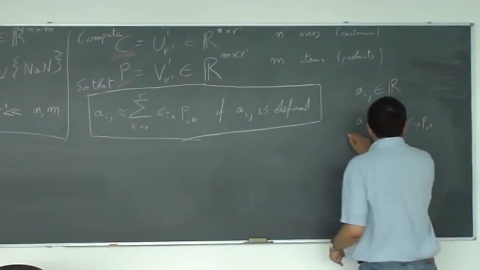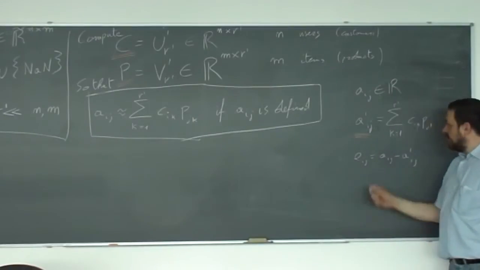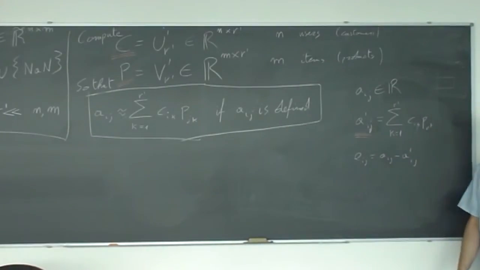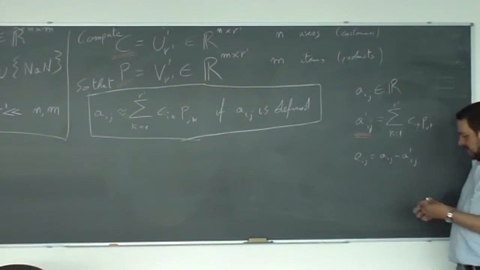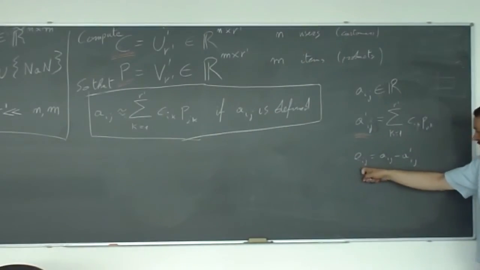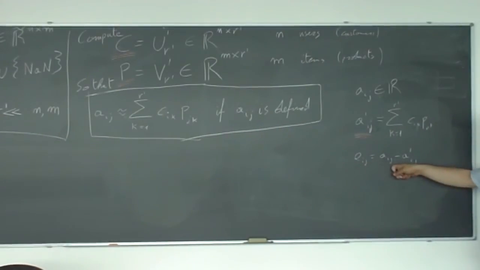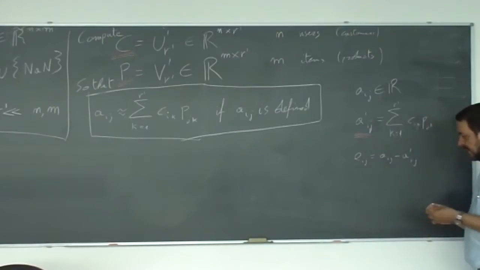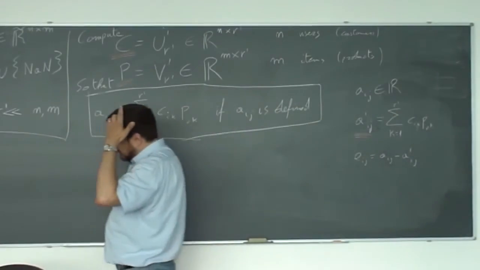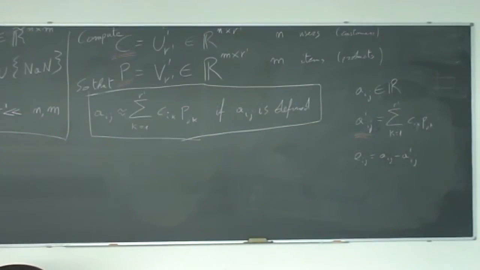And here we build a model of the user preference for an item. And this is the error that we make by estimating the actual value of the preference by the model that we have built. Okay, this is one of the errors.